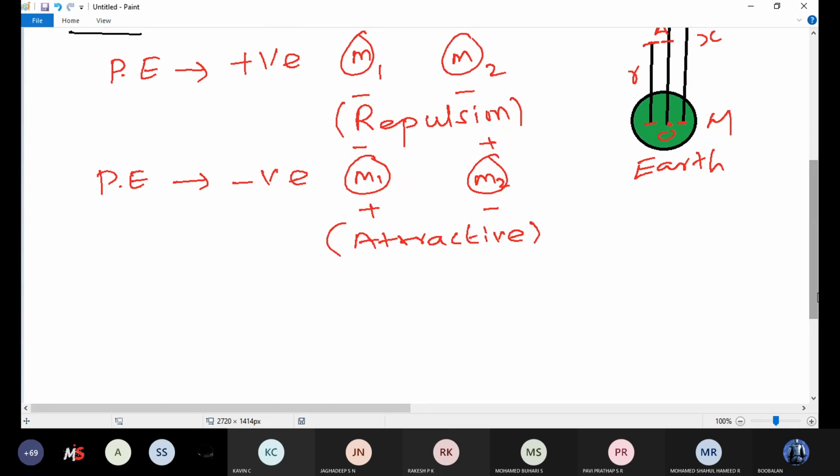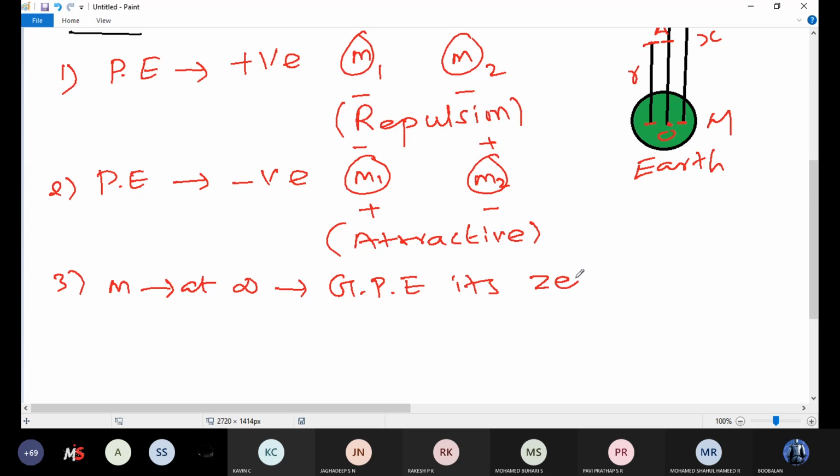Okay, next, this is point 1, this is point 2, third point. Now for M1 and small m, the object at infinity, the gravitational potential energy is 0 at infinity.